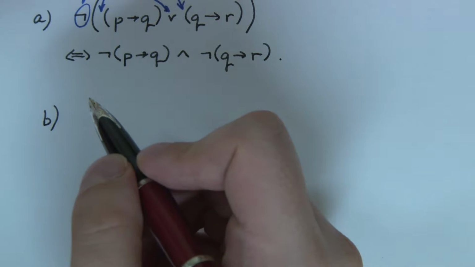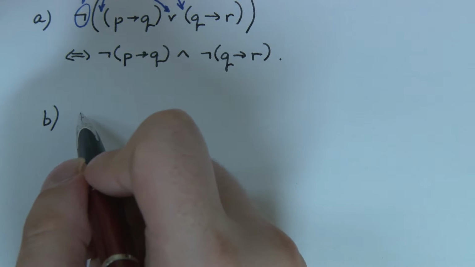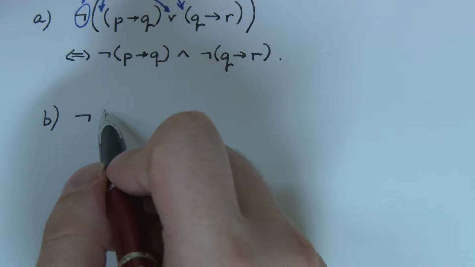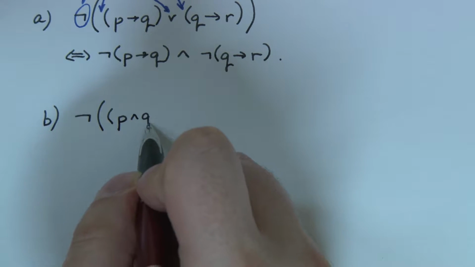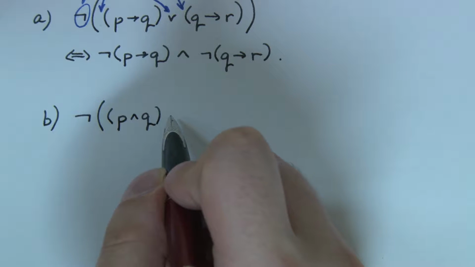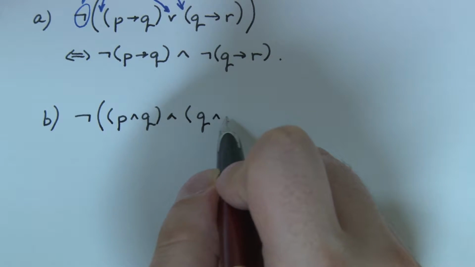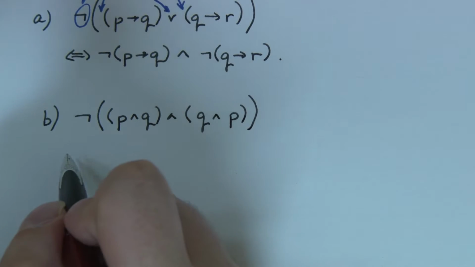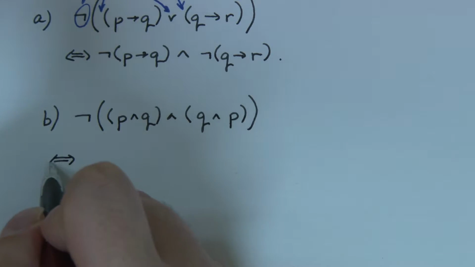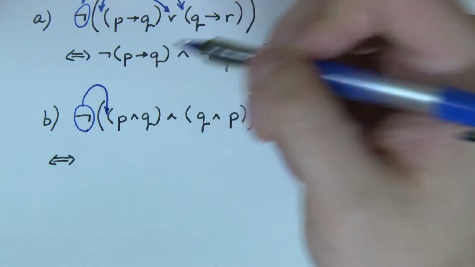I have not, P and Q, and Q and P. Okay. So we can take this negative here and apply it to the front here.